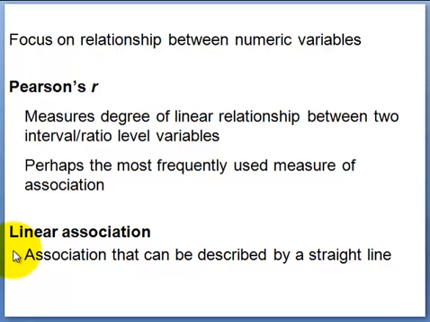And what do we mean by linear relationship or linear association? It's association that can be described by a straight line. So Pearson's r is measuring the degree of straight line relationship between two variables, and we'll see soon what that means. Pearson's r is a workhorse measure of relationship between numeric variables, and that's a great advantage.